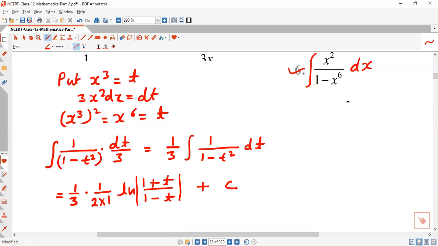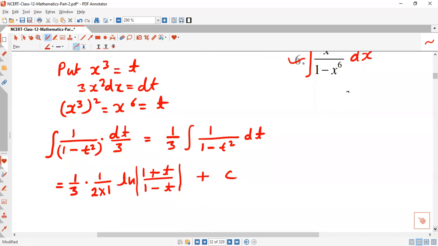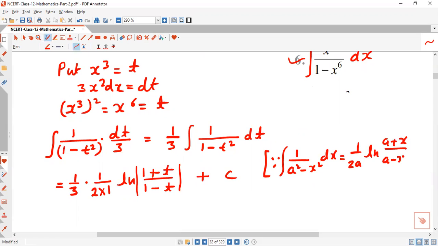So here we have a plus x and a minus x. We apply the formula here, or you can write down the formula if you don't remember it. Which formula are we using? The integral of 1 upon a square minus x square dx gives 1 upon 2a log of a plus x upon a minus x. We apply this formula here.